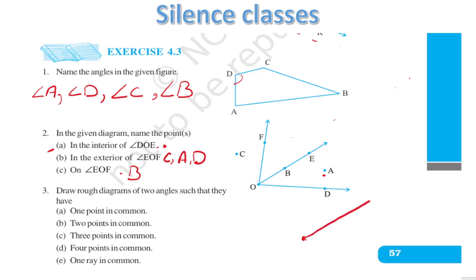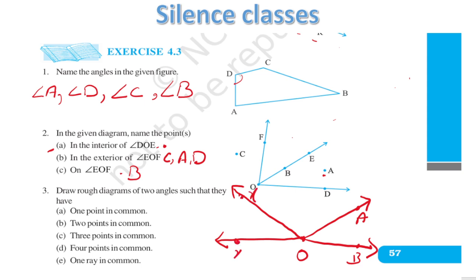We can draw two angles like this, A, B. We can give this point O. We can draw an angle like this, and if you want, we can draw an angle like this. We can say X, we can say Y.